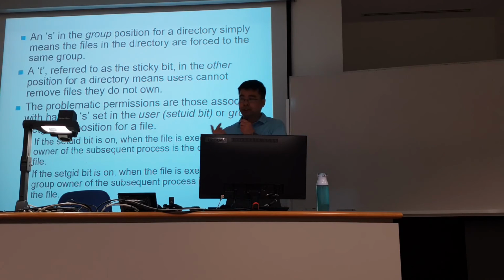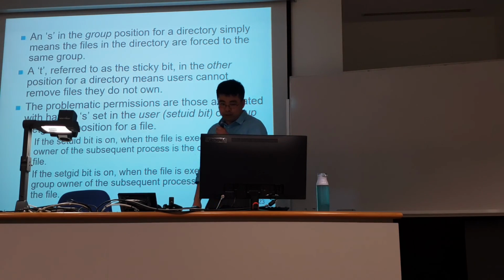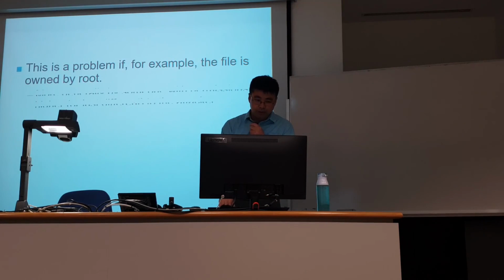If you put this set UID flag on, that means you grant your permission to anyone who can run this program. The person who runs this program will have the owner's permission, instead of the default permission of the user. So you must be careful when you use this option.